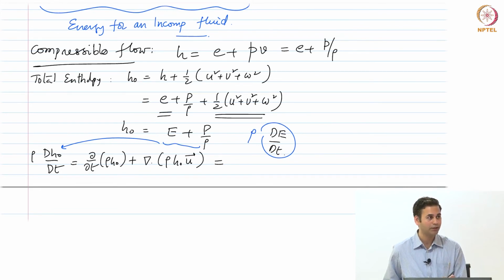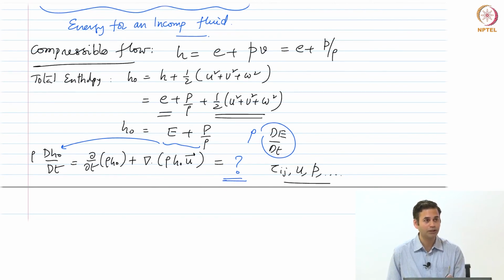So, substitute that, then you would get an equation for the total stagnation enthalpy in terms of tau ij, U and pressure and so on, which you can easily obtain by substituting for rho dE dt from the previous equation we have already derived.